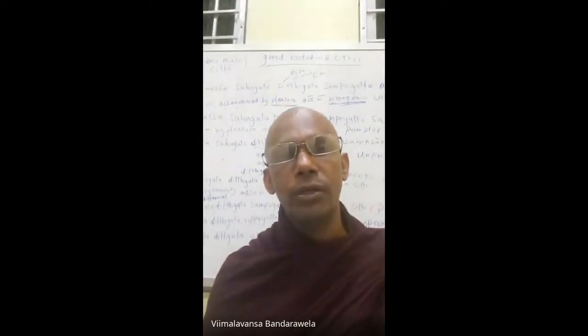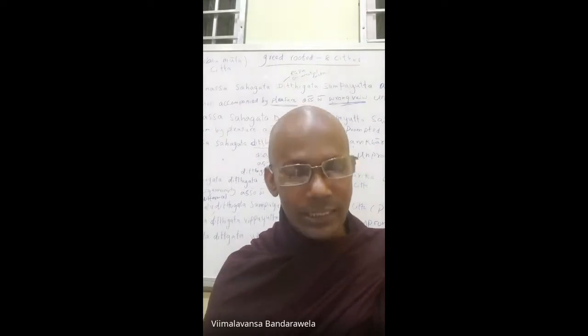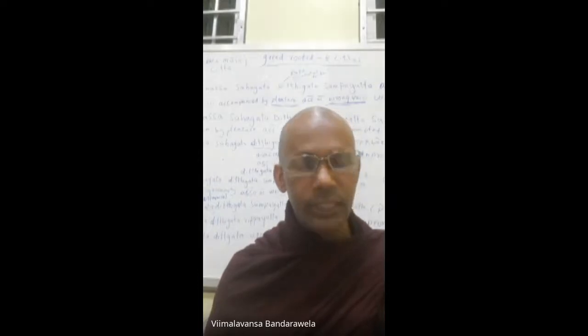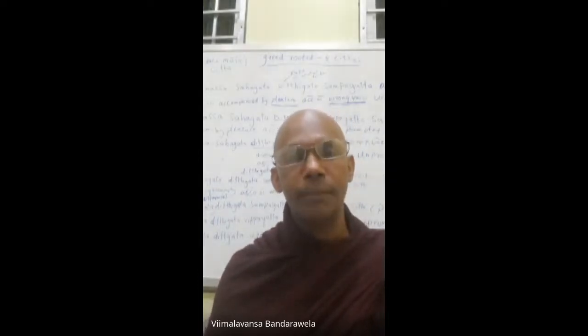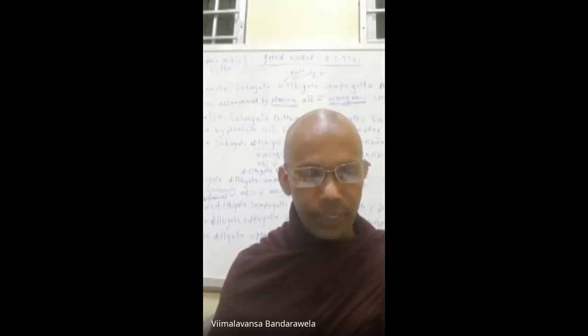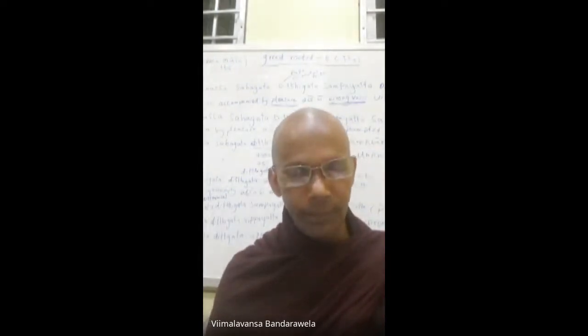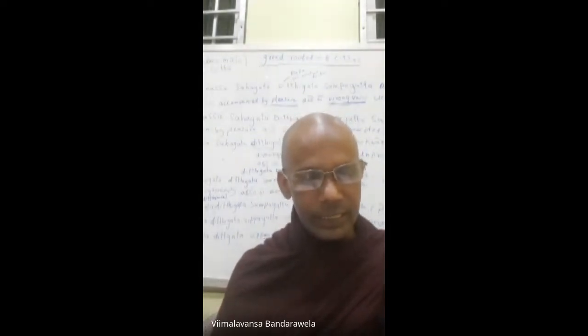Not associated with wrong view, and prompted. So the last consciousness, the 8th, is accompanied by equanimity, right? No pleasure. Ditthigata vippayutta, no wrong view. And prompted. Upekkha sahagata, ditthigata vippayutta, right?